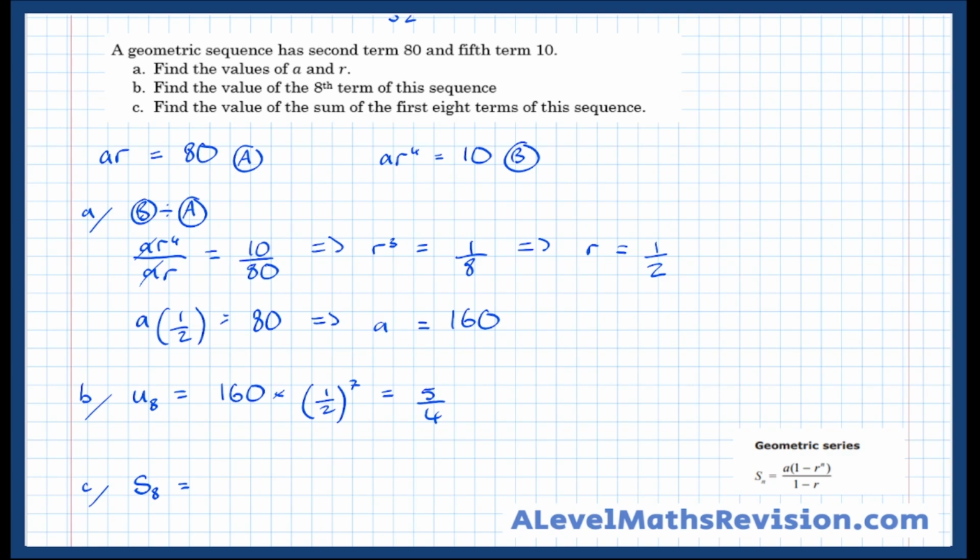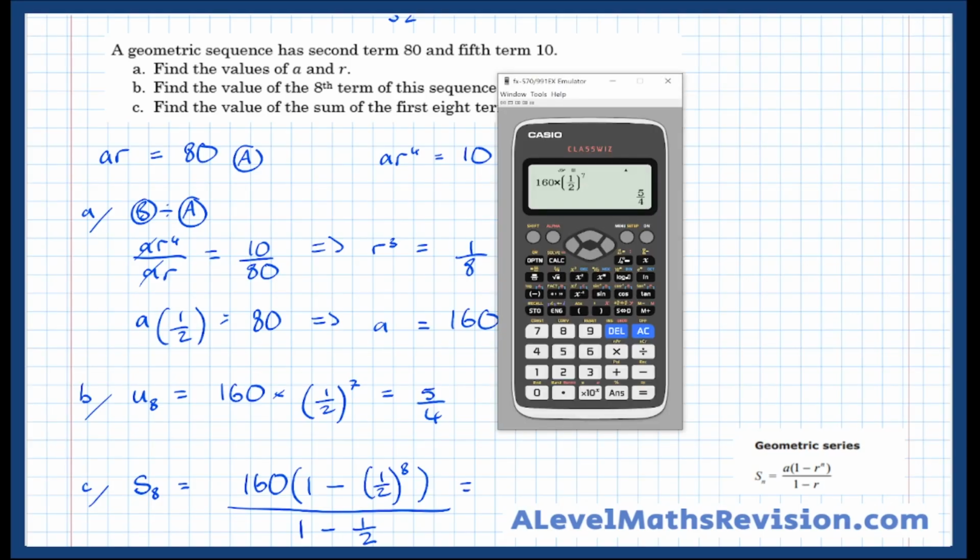So S8 equals A, 160, 1 minus R to the power of n over 1 minus R. And if we put that in the calculator, it should just give us a numerical answer.